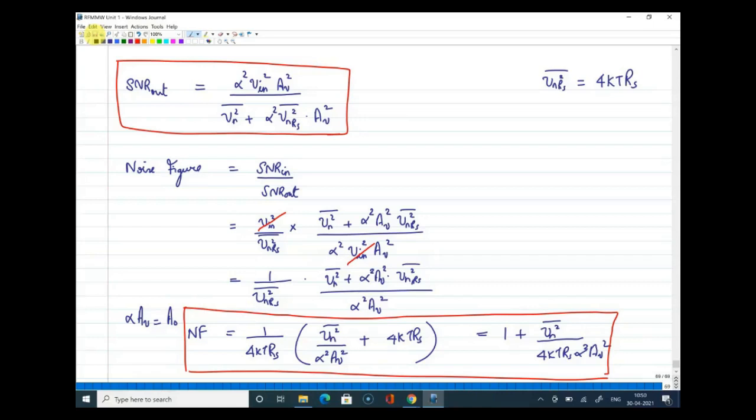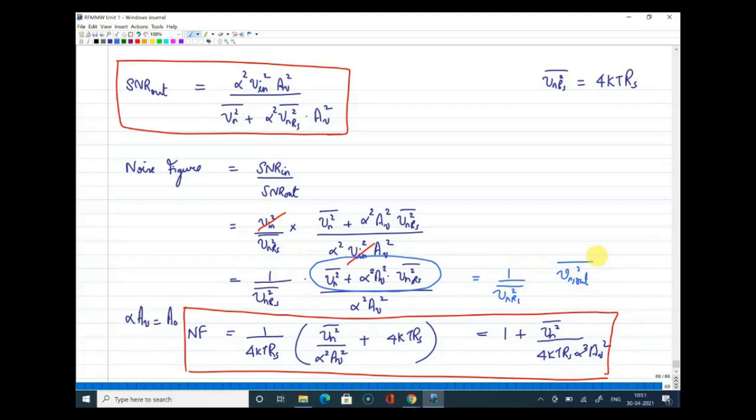So one more thing here. If you look at the expression where we have written 1 by 4 kT Rs, this numerator factor can also be written as 1 by Vn Rs square bar into the total output noise factor.